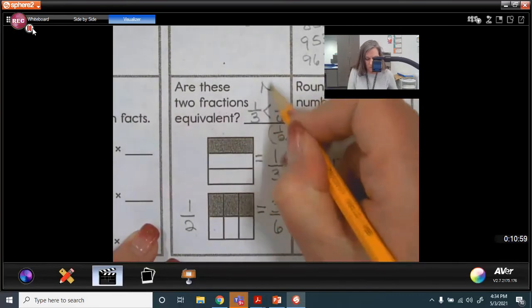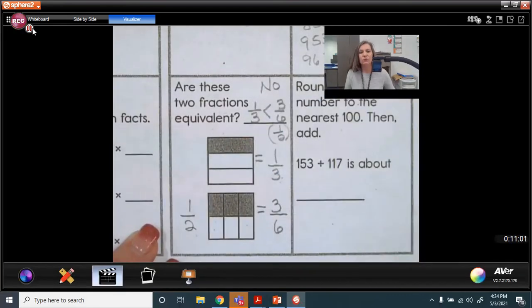So no, these fractions are not equivalent, because 1/3 is less than 3/6. And we can use that to describe.